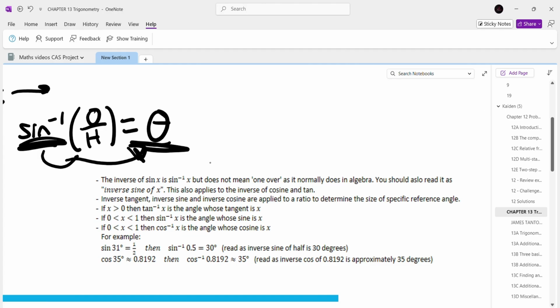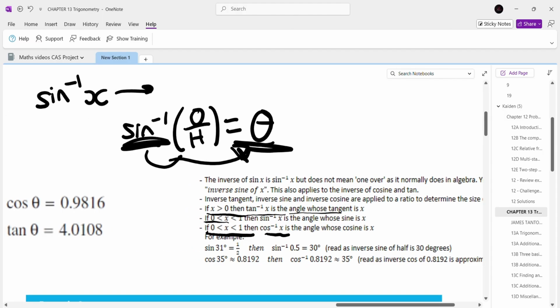So if x is greater than 0, then tan negative 1 is the angle whose tangent is x. If 0 is less than x is less than 1, then sine negative 1 of x is the angle whose sine is x. If 0 is less than x is less than 1, then cosine negative 1 of x is the angle whose cosine is x.